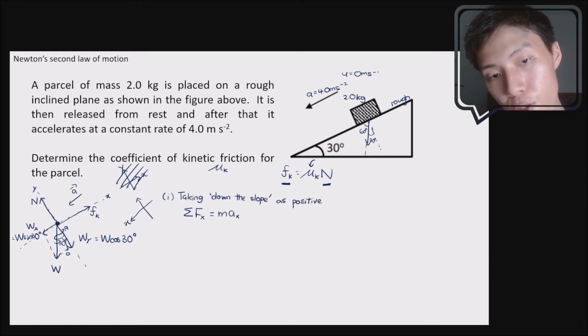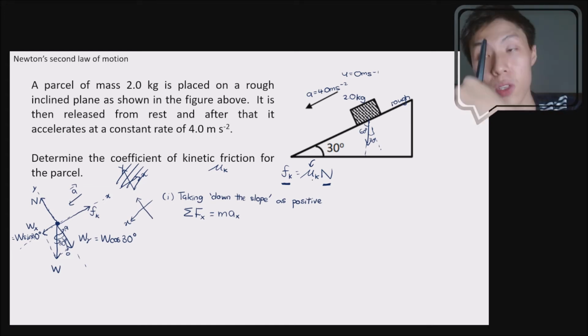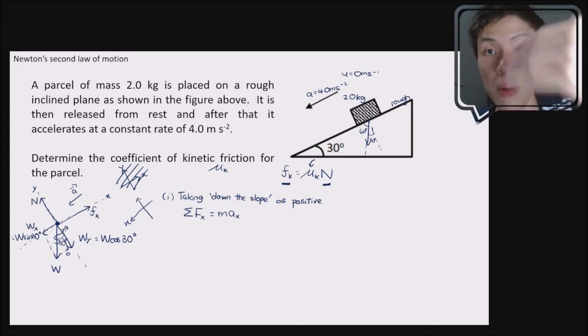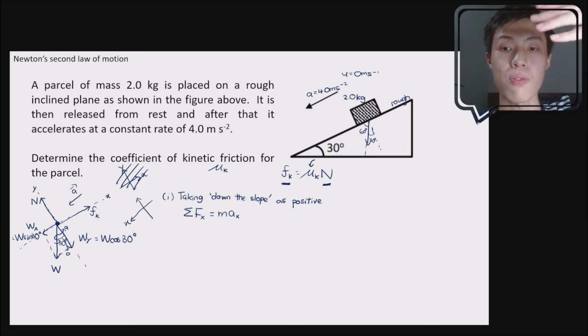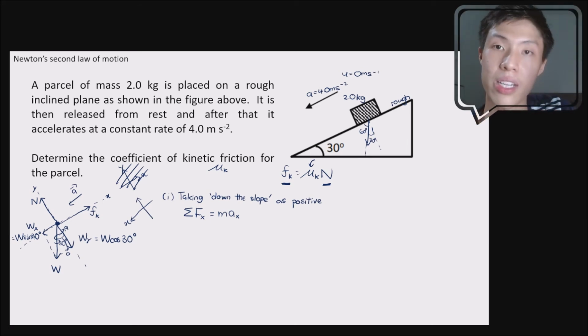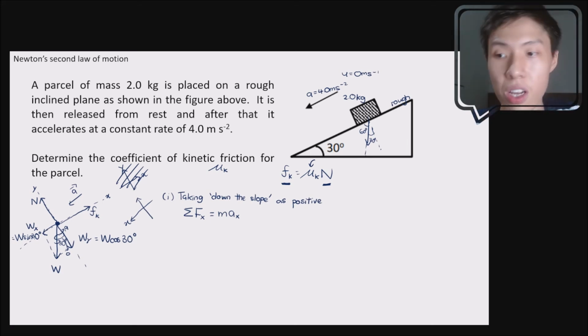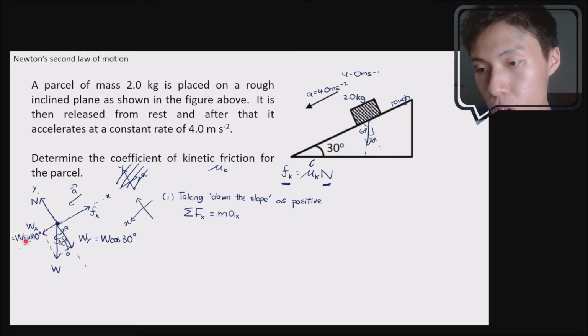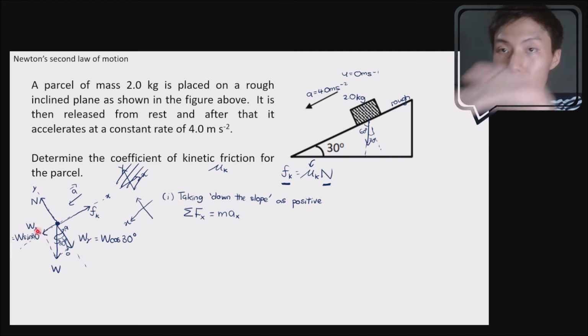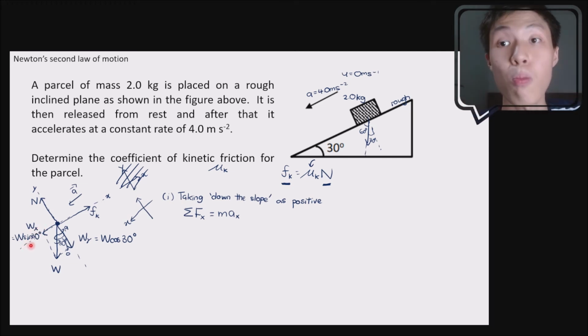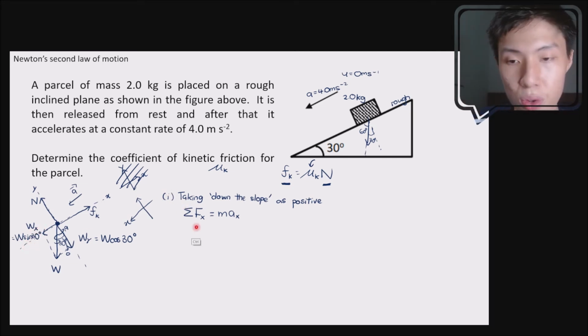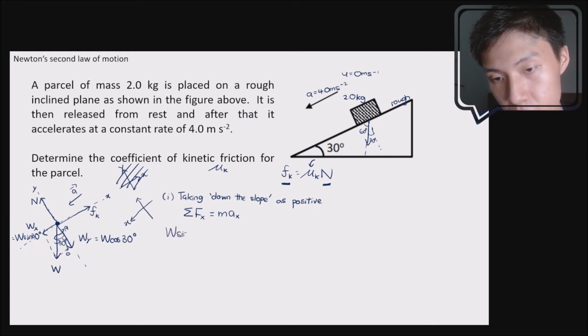So if your force is pointing in the direction down the slope, then that is a positive component. If your force is pointing up the slope, then that's the negative component. If you look at this free body diagram, this x component of weight is pointing down the slope, so we'll treat that as positive. We'll write this one as positive, weight sine 30 degrees.